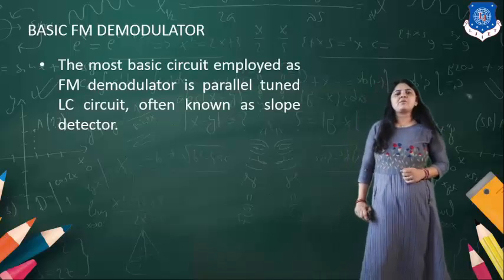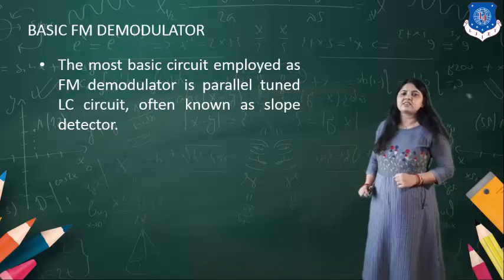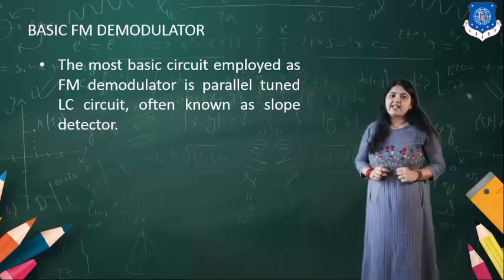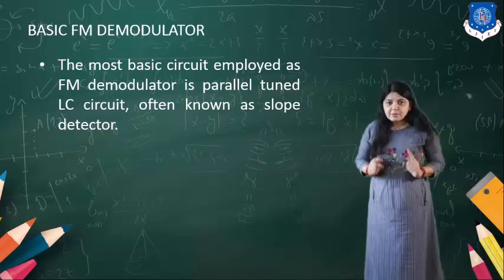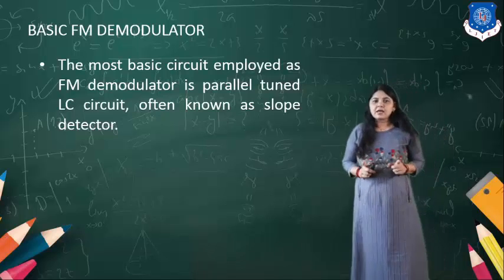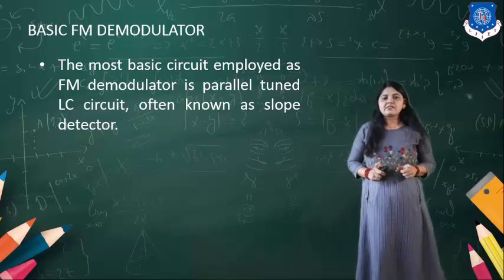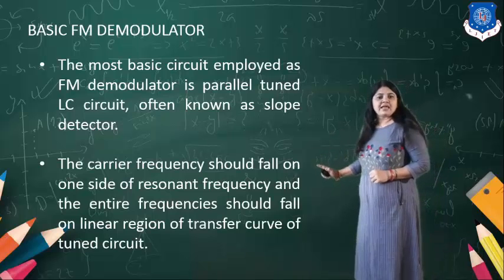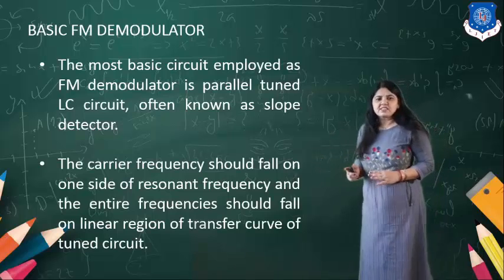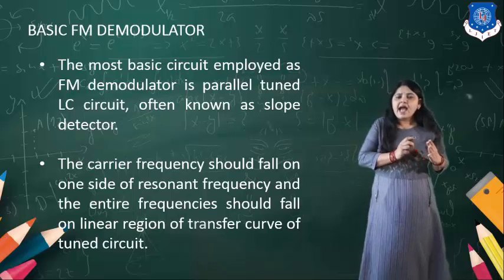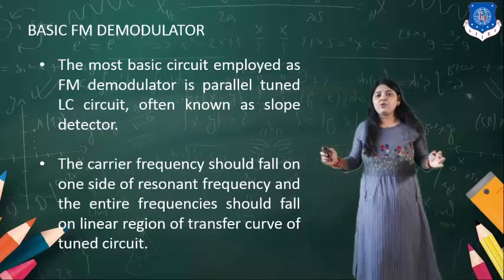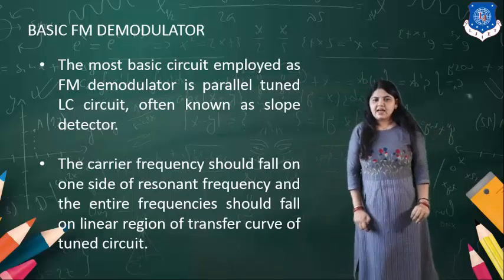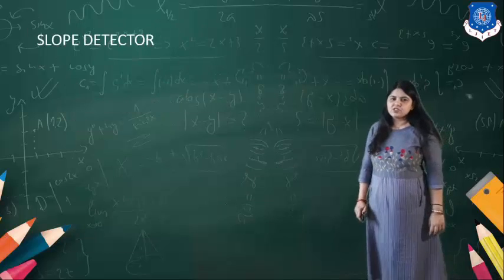The most basic circuit employed as an FM demodulator is a parallel tuned LC circuit, and that parallel tuned LC circuit is referred to as a slope detector. The carrier frequency should fall on one side of the resonant frequency, and the entire frequency deviation should fall on a linear region of the transfer curve of the tuned circuit.